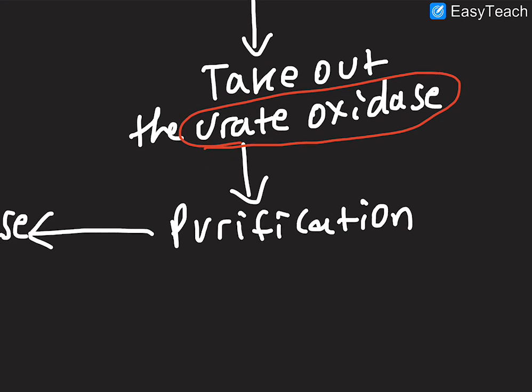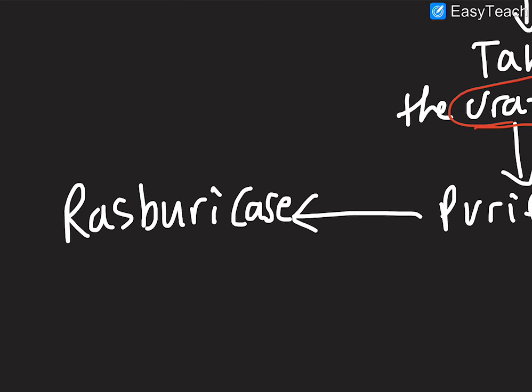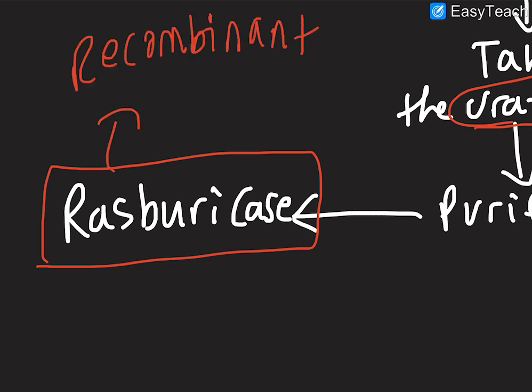We can undergo certain purification processes and use this medically, which is called rasburicase, the recombinant form of urate oxidase.